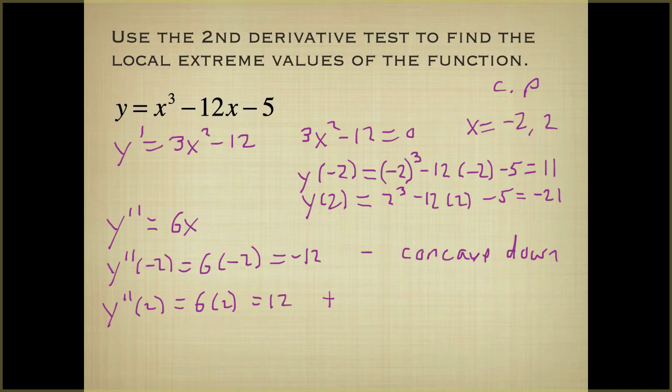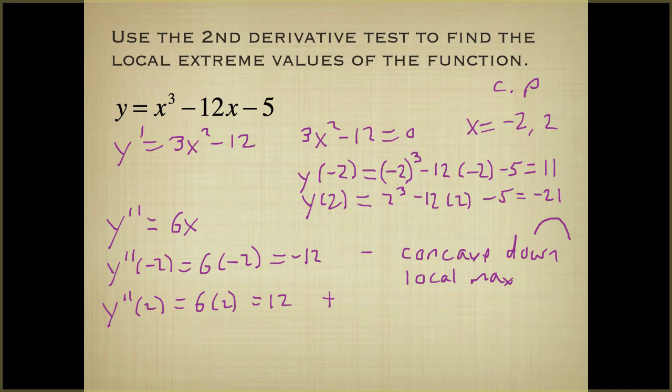And it also means, because it's concave down across this area, this is a local max. And if you think about this, our graph would look like this in this area because it's concave down.